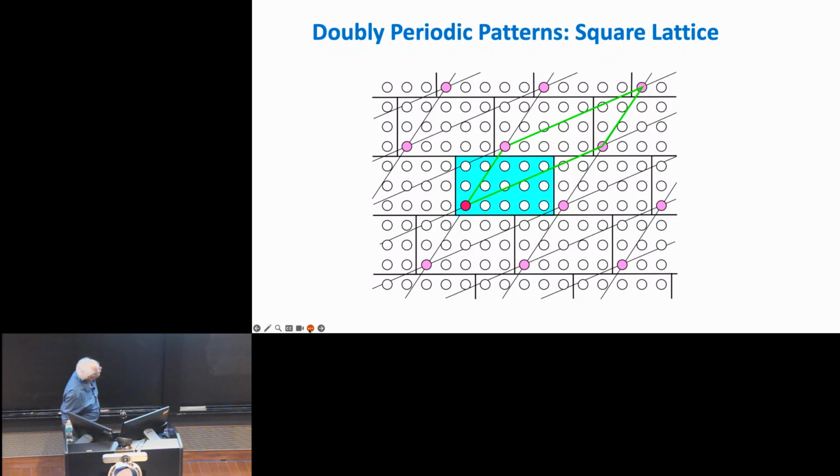So here we have a sublattice. So red is the origin. Magenta are translates of the origin by some sublattice, which is given by this green parallelogram. That's the period parallelogram. But I can convert that.